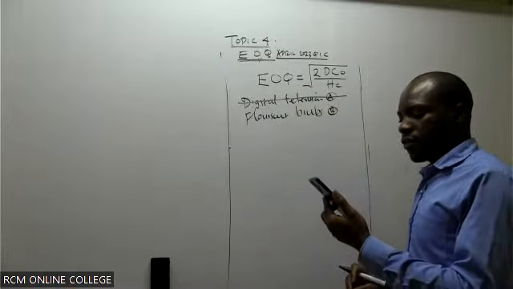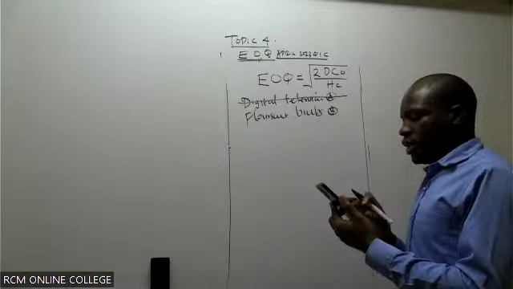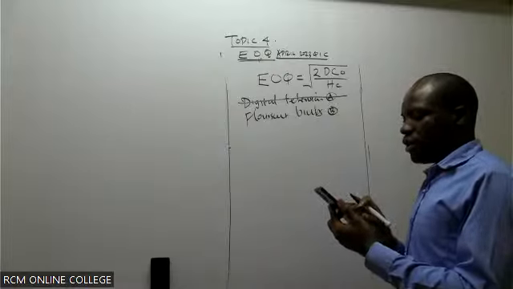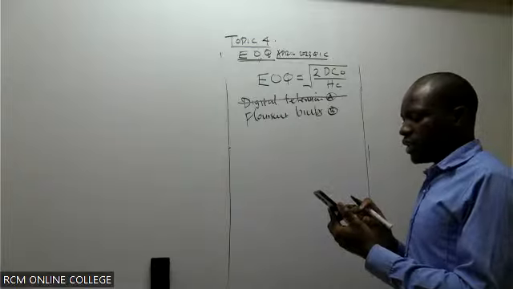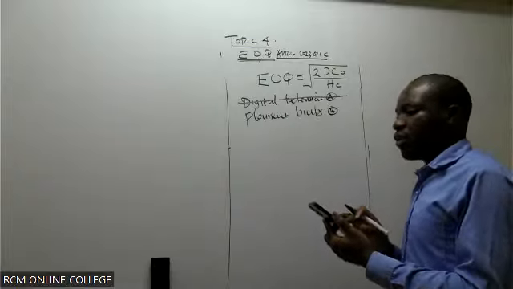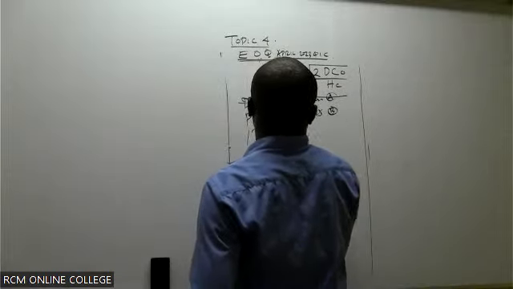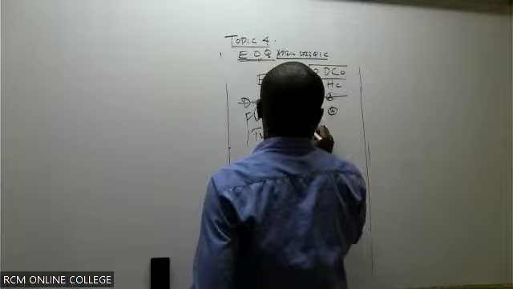So the main component in making digital television is the fluorescent bulbs. For each digital television manufactured, 12 bulbs are required. One TV is equivalent to 12 bulbs.